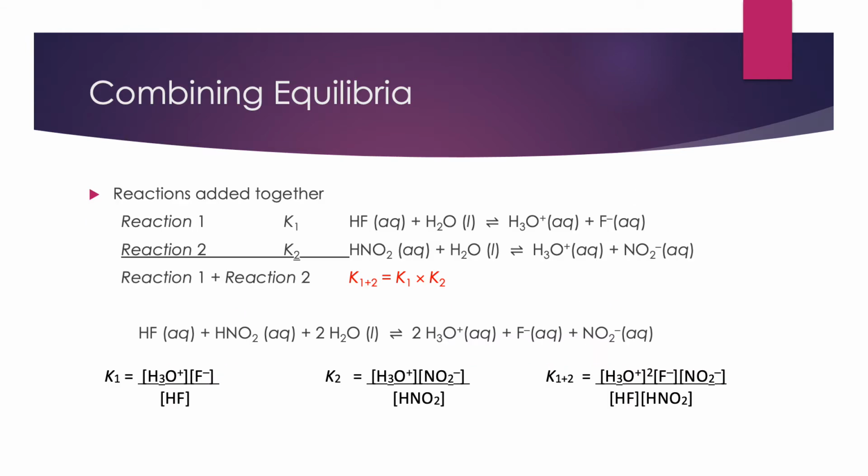Now, in order to figure out what the effect is going to be, we need to have ways of combining the equilibrium constants when we have two different reactions together in the same mixture. So, for example, if we have two reactions, reaction 1 and reaction 2, and they each have an equilibrium constant, which I'm calling in this slide K1 and K2, what I'm interested in is, when I add the two reactions together, what is the resulting equilibrium constant going to be?